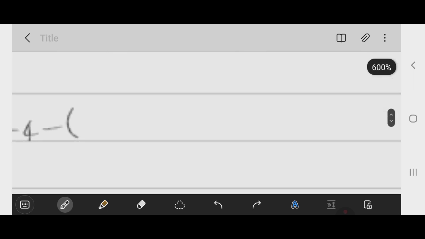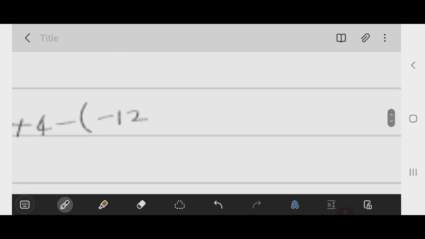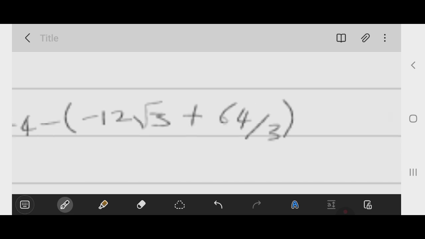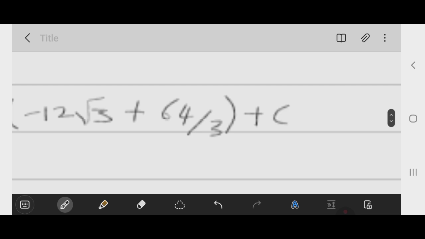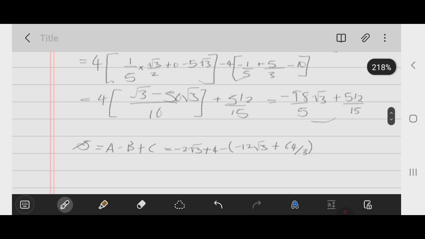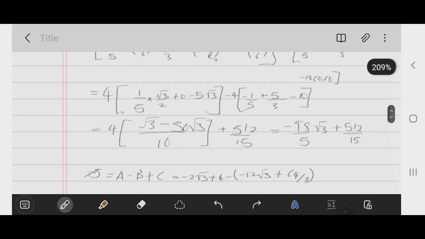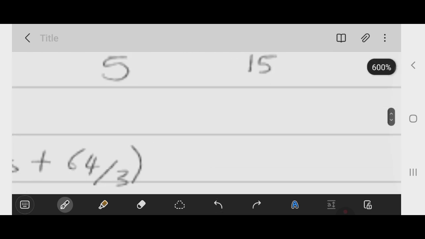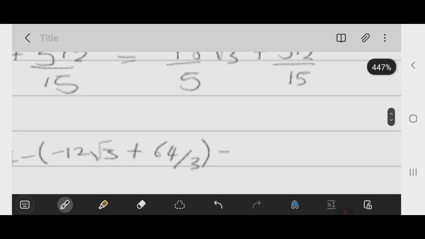So we'll just insert it here. And then the value of the last integral, which is C, this one. We'll just insert it here and add it up with the rest.